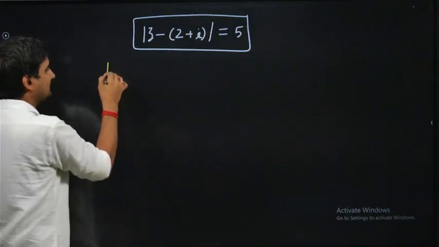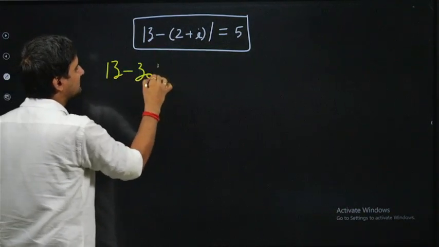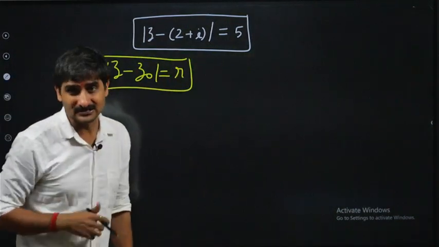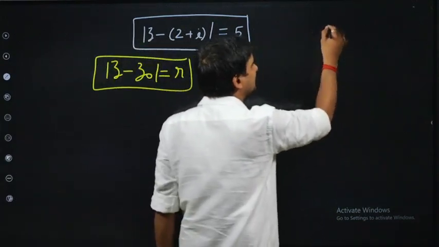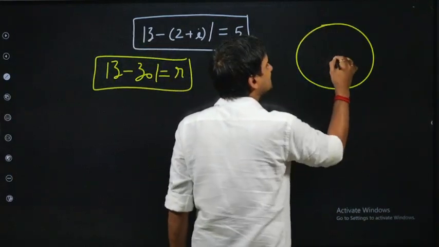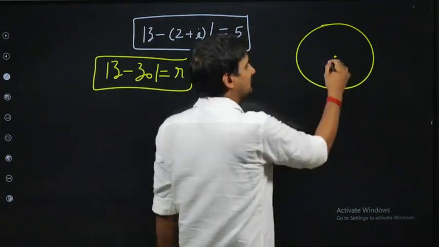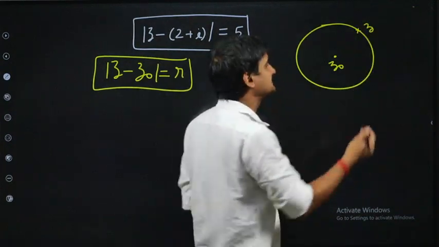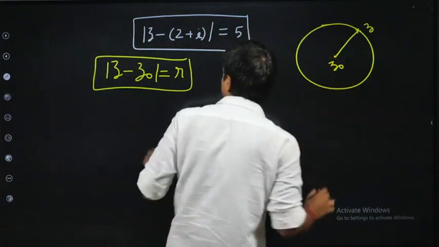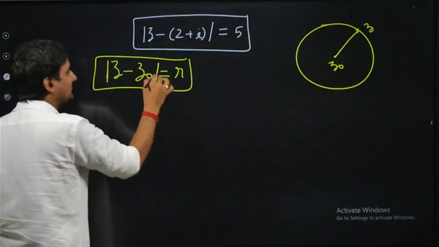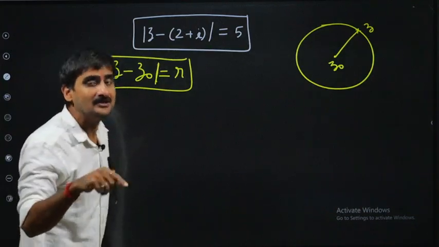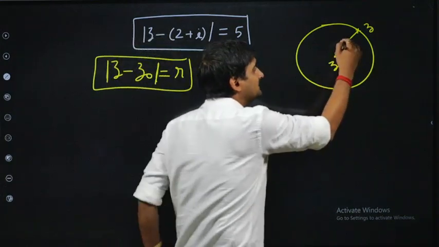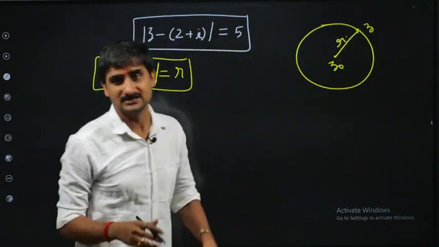For that we should know that this is the standard equation of a circle on the Argand plane: mod of z minus z naught is equal to r, by the simple direct definition of modulus and circle. If the fixed point is z naught and the variable point z moves on the plane such that its distance from z naught, which is what mod of z minus z naught represents, remains constant, that constant distance is the radius.